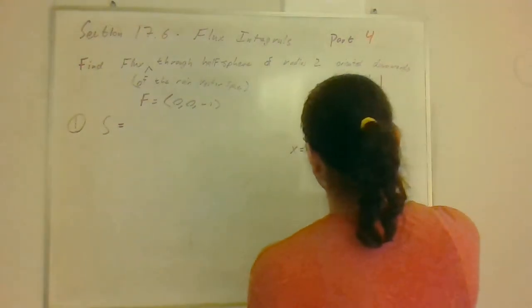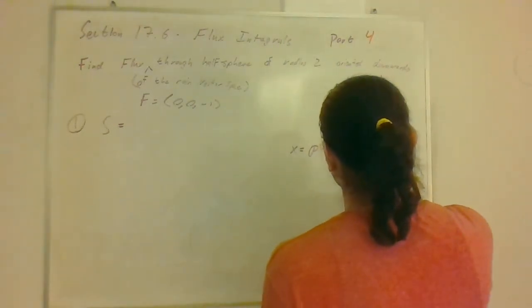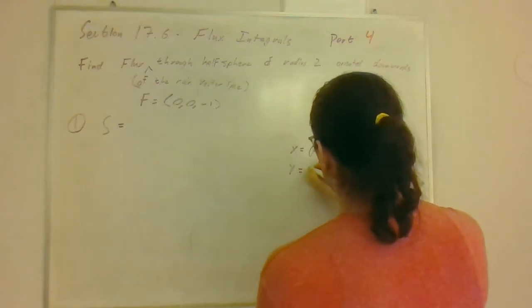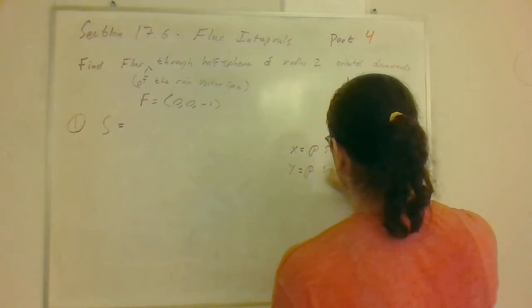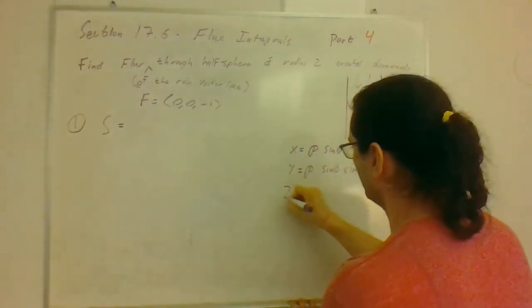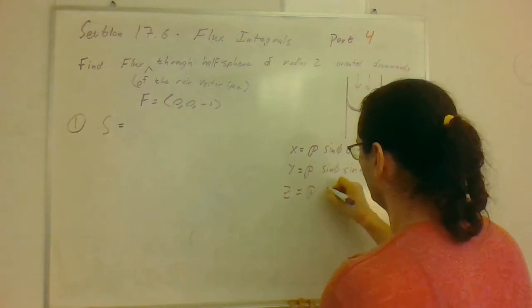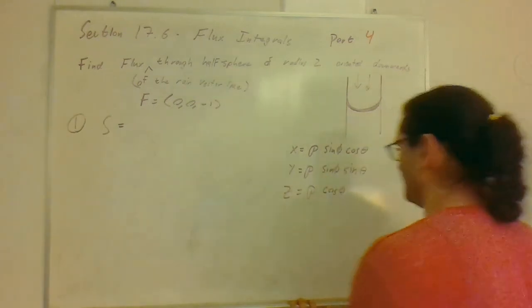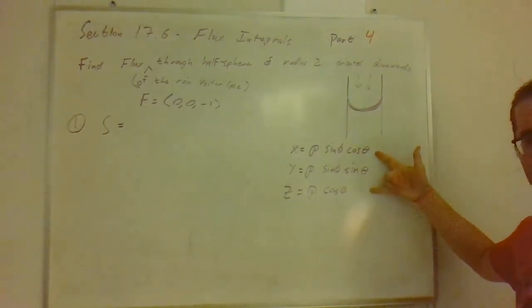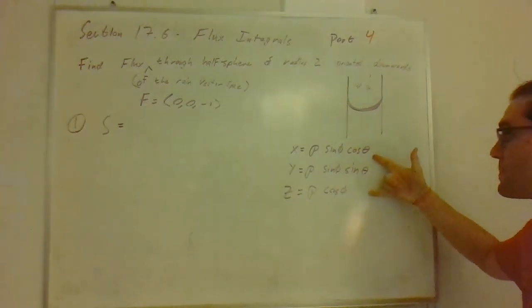X equals rho sine phi cosine theta. Y is rho sine phi sine theta. And z is rho cosine phi. These are our spherical to rectangular transformations.